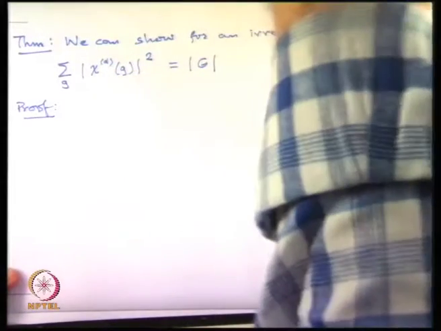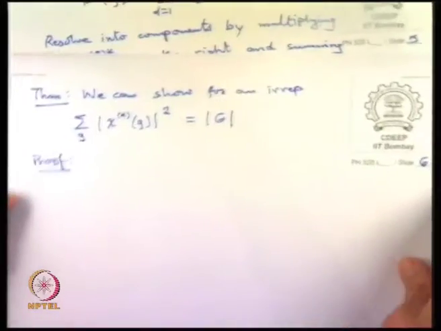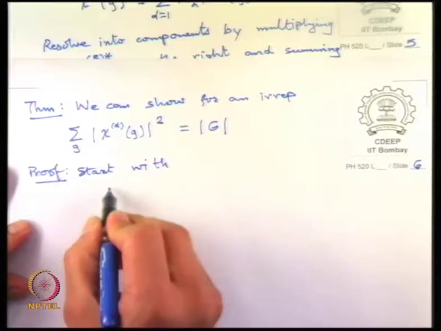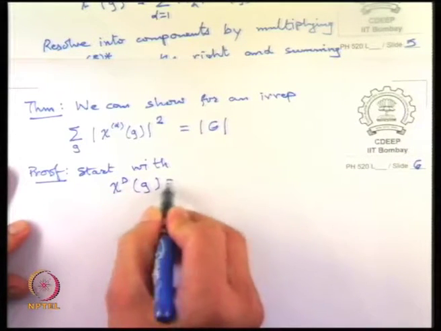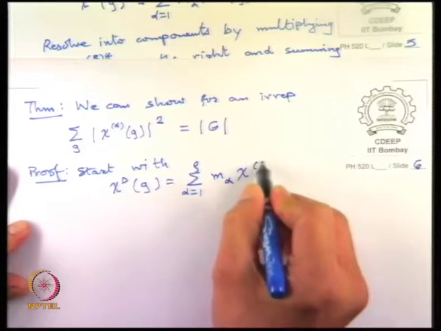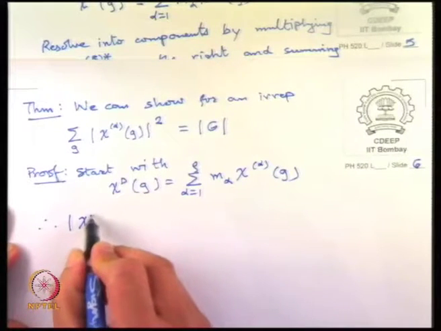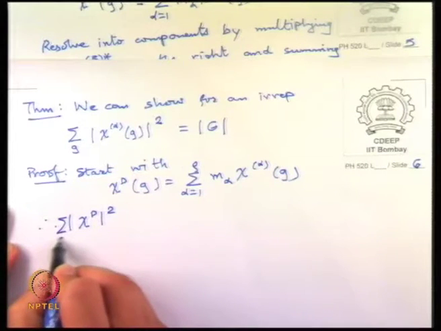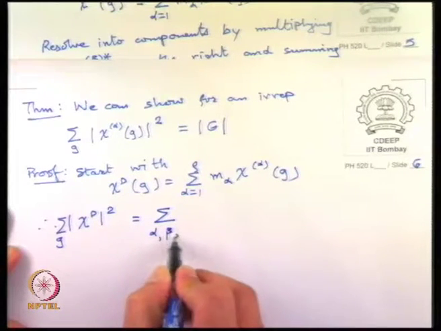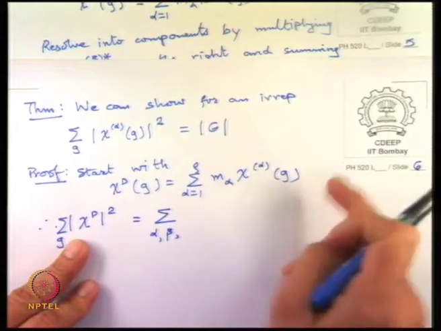We had this relation earlier that chi d is, therefore mod chi d squared and summed over G will be equal to sum over alpha, beta as well as G. So when we want to do mod square, we have to write this sum and we have to write the star of this sum multiplying it.